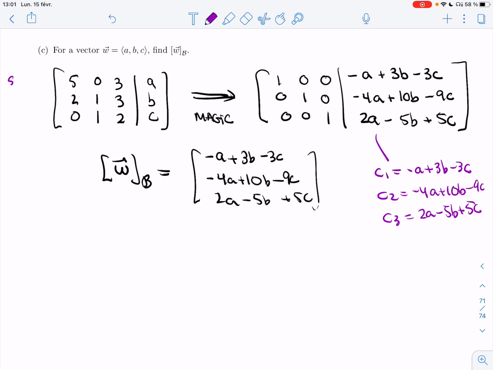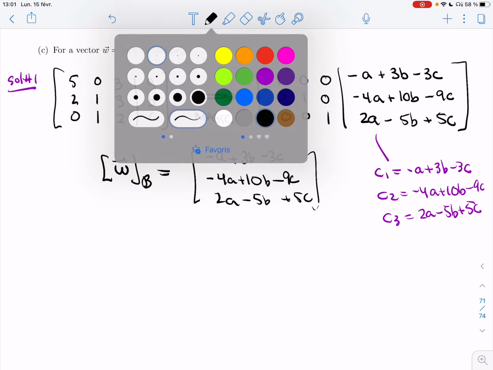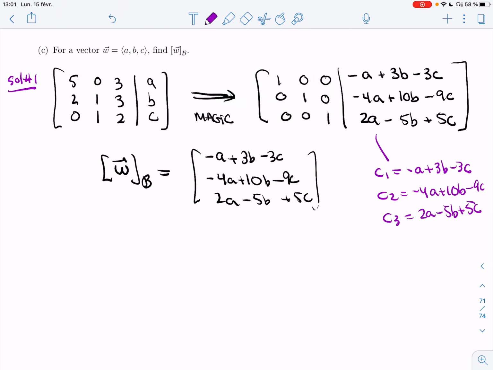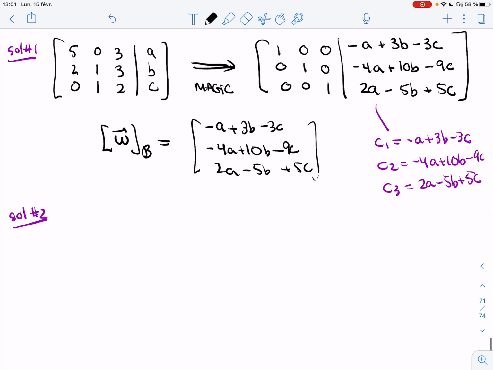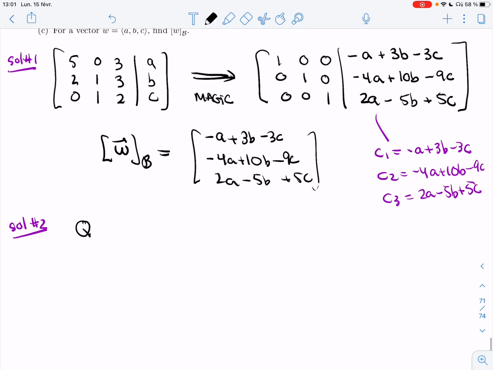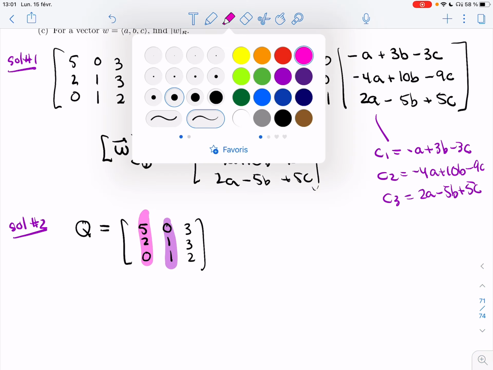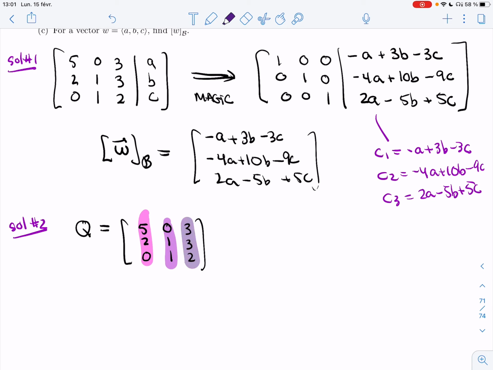All right, so this would be one way of solving the problem. Let me show you a second. I'm going to take Q to be the coefficient matrix of that system. So really, I have my 3 vectors from the basis as my column vectors here.